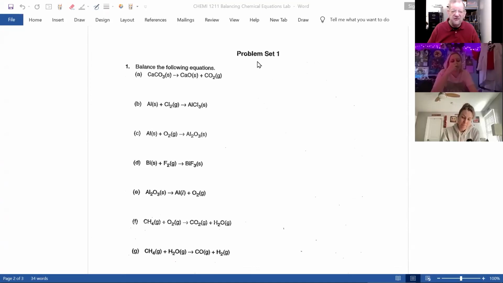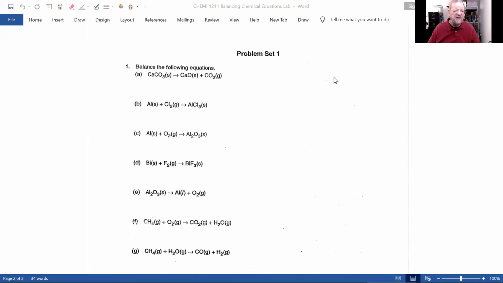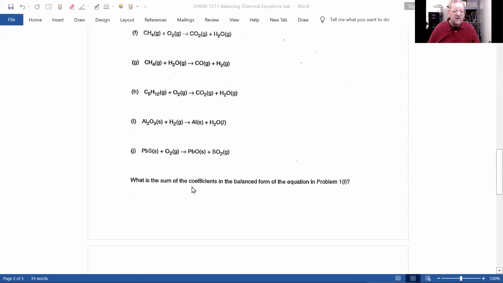Thumbs up, people. Can you see problem set 1? Thank you. Now, notice I have a question down here that students forget the answer, so don't. That's what's the sum of the coefficients on the balanced form of equation 1. And that's, I believe, this one right here.